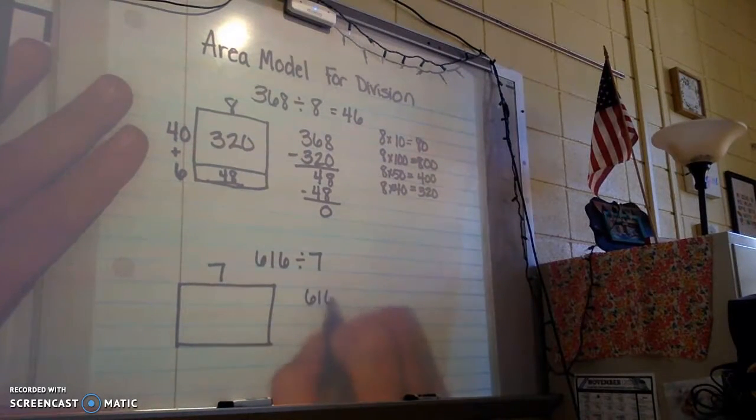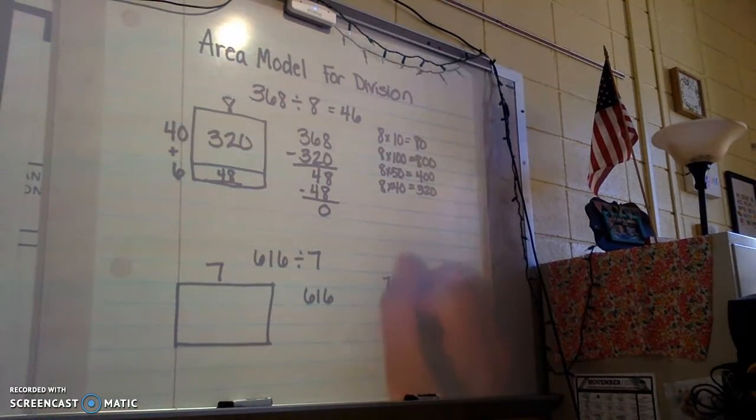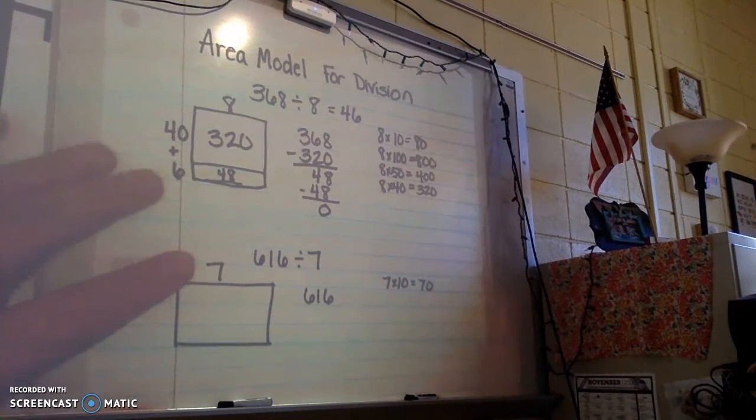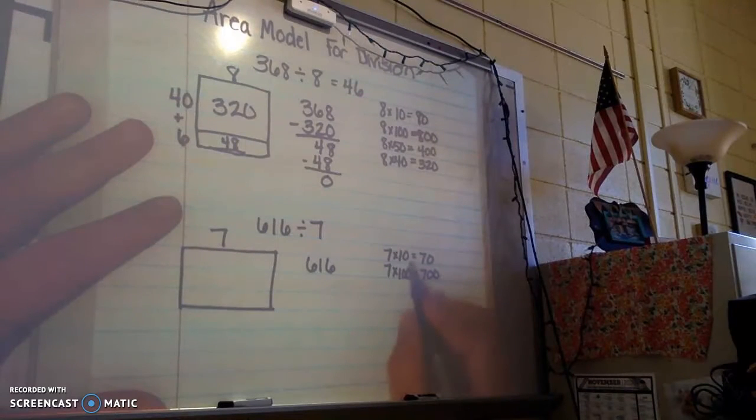And then my 616 is going to come out here to the side so I can subtract from it. So I know already that 7 times 10 is 70. I'm writing my facts that I know of 7. I know that 7 times 100 is 700. Oh, I'm too big, so I'm looking for a number in between 10 and 100.